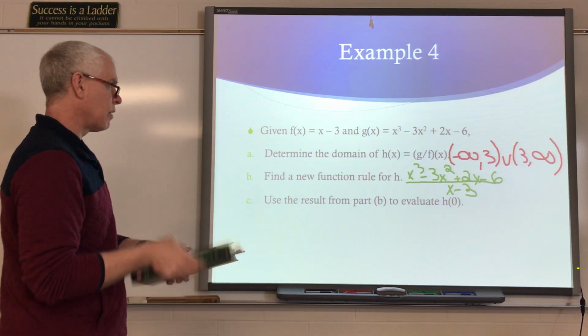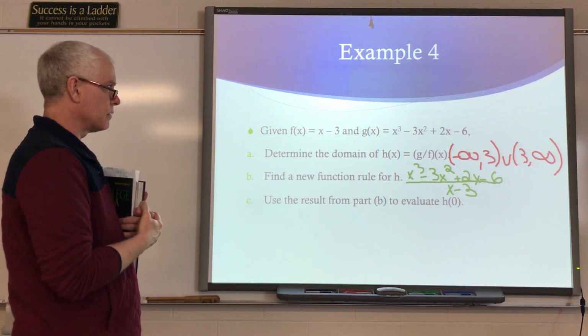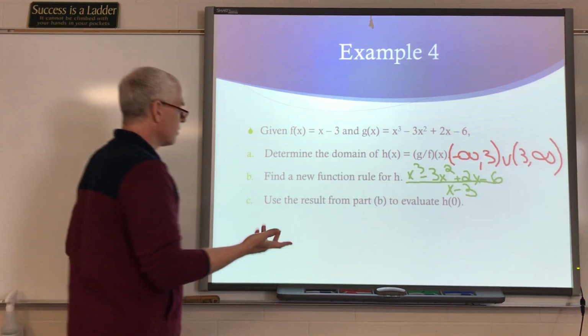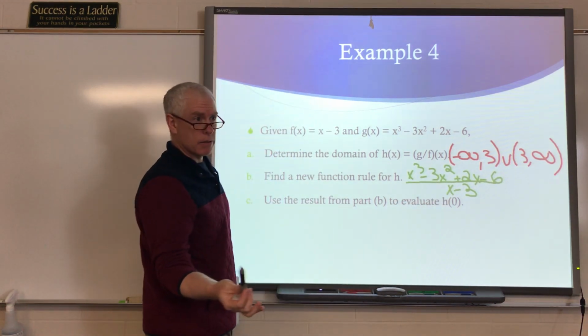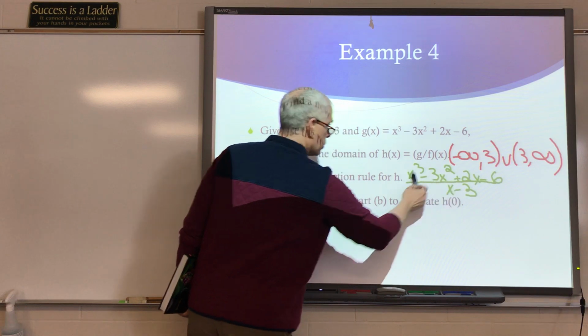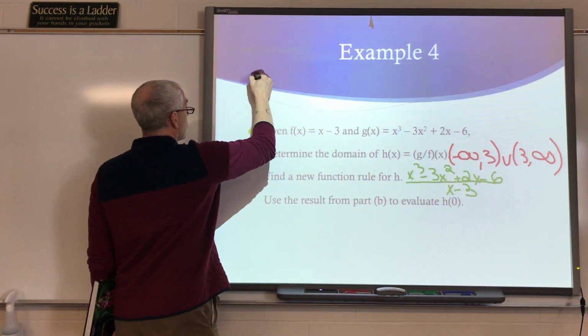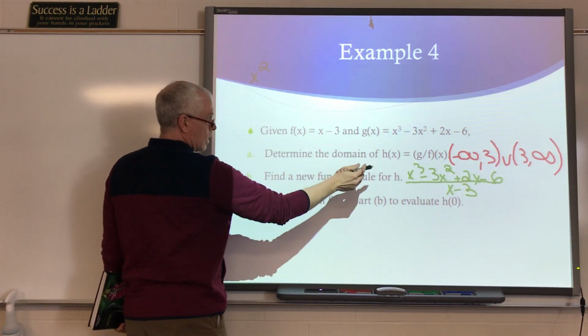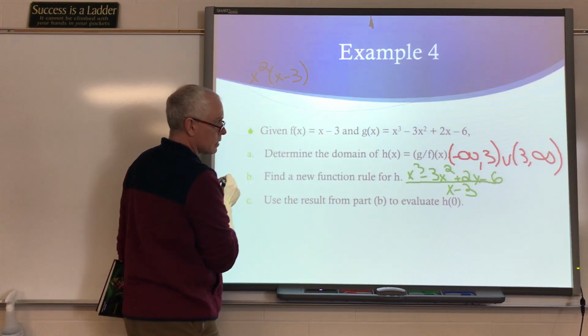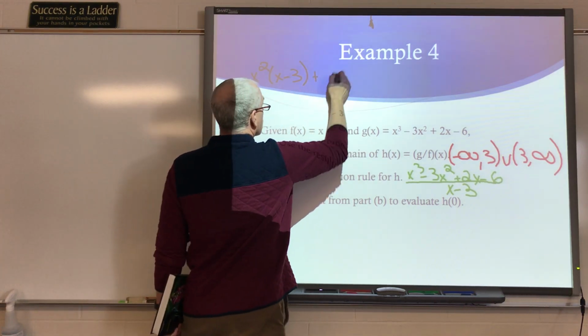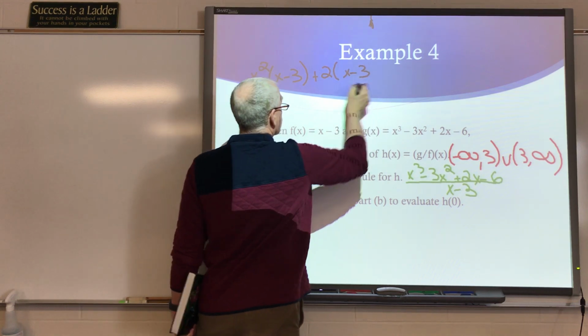I can simplify this a bit though, so I'm going to do some work off to the side. Let's see if I can factor that top a little bit. So with 4 terms, if you recall, I have to factor by grouping. So let's look at the first 2 expressions. I can take an x squared out, and then I'm left with an x minus 3. And the next term I can take a 2 out, and I'm left with an x minus 3.